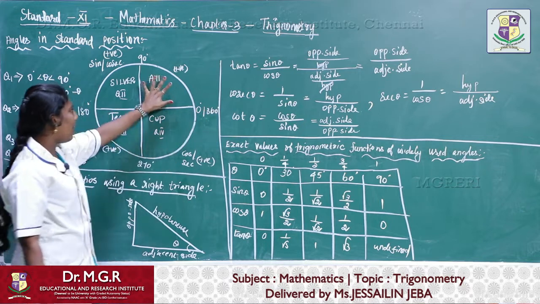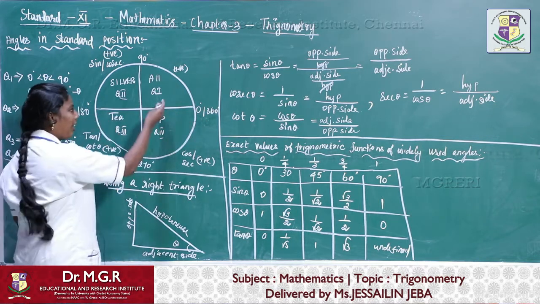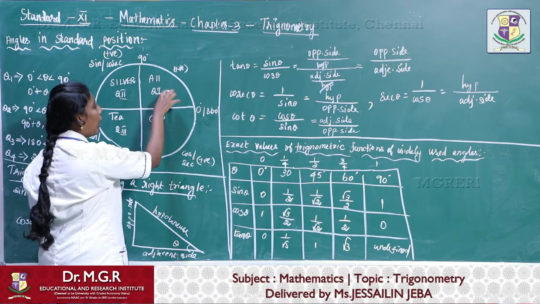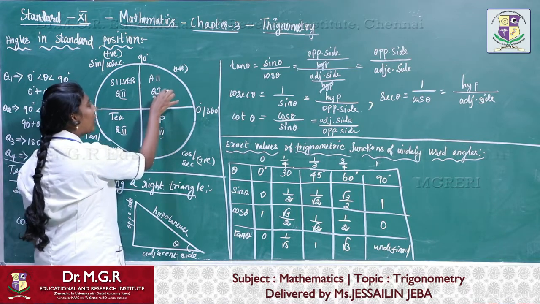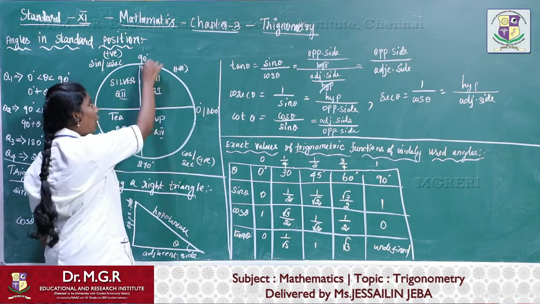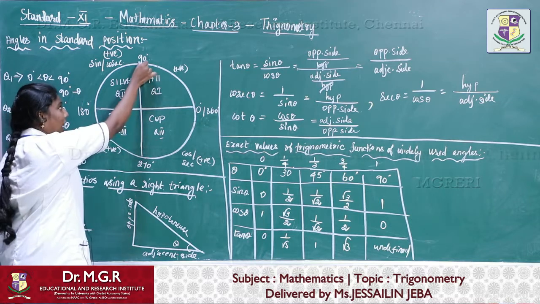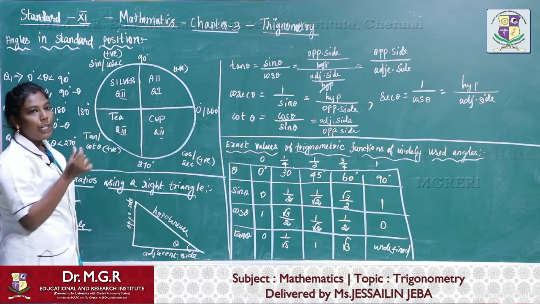The first quadrant is between 0 and 90, so angles like 45 and 55 all come here only. The first quadrant starts from 0 and ends with 90 degree, and the second quadrant starts from 90 and ends with 180 degree.